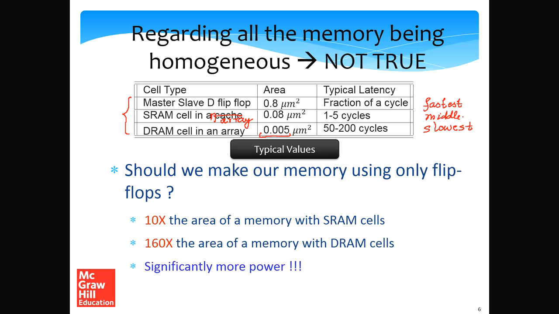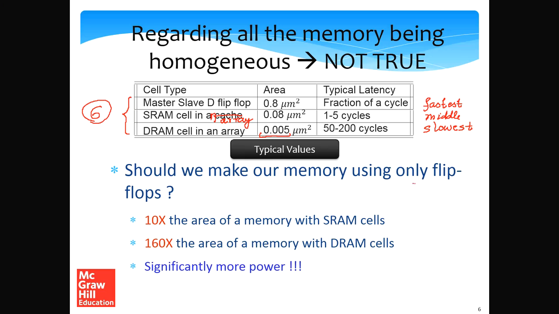And similarly, when we use a DRAM cell, the area is very small, but the latency is high. All of these things you can again go back to chapter number 6 on memories and DRAM cells and SRAM cells. In case some of you have forgotten, you can go back to chapter 6 and take a look at it once again.